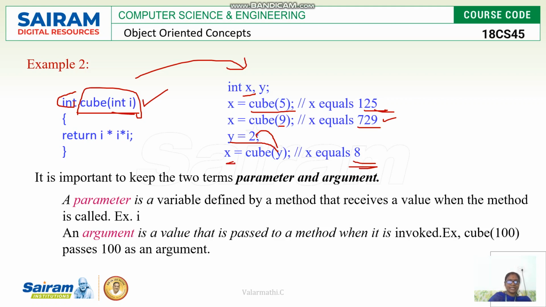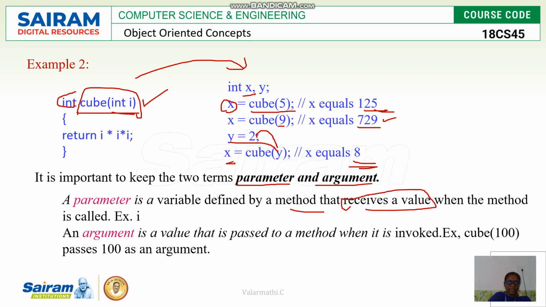Okay. In this example, there is a point we have to keep in mind: one is the parameter, another one is the argument. A parameter is a variable defined by the method that receives the value, right? So here x is a parameter, because it receives the value of cube of 5, cube of 9 and cube of y.